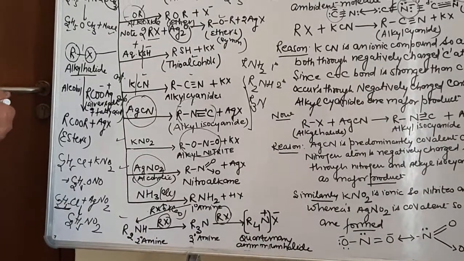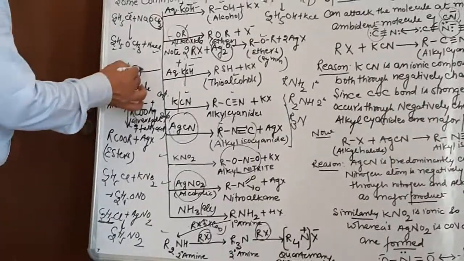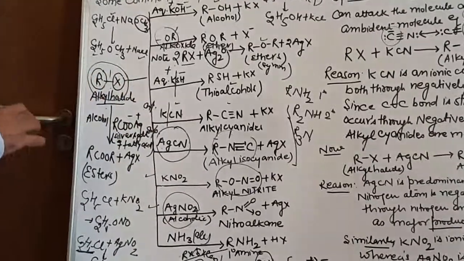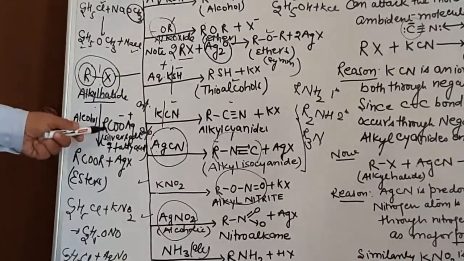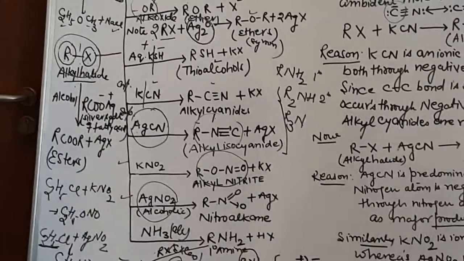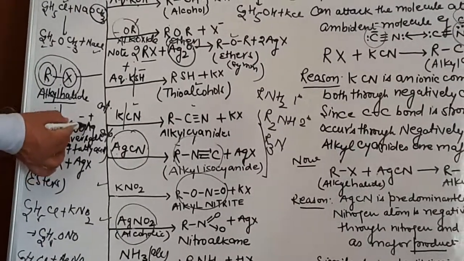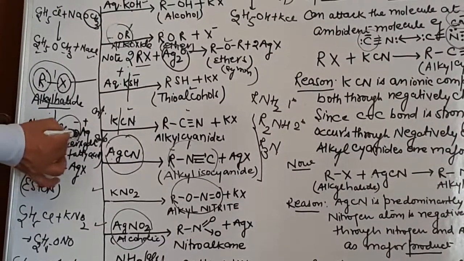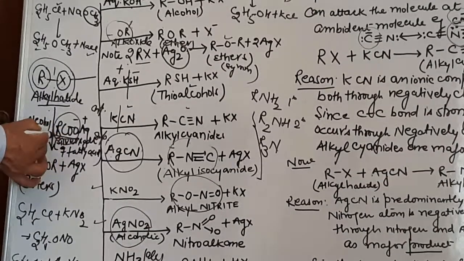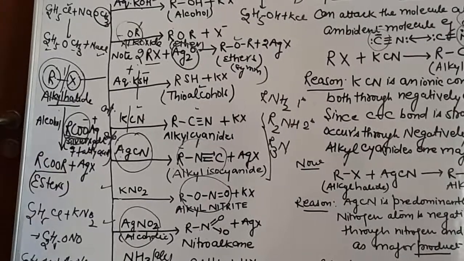Now, one more reaction, that is the preparation of esters. Just understand this reaction over here. If alkyl halide is made to react with the silver salt of a carboxylic acid, that is a fatty acid, what will happen? This RCOO negative will act as a nucleophile and will substitute the X over here and will result in the formation of an ester.